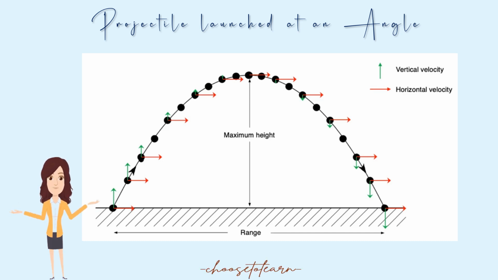When the projectile is traveling downwards, since it is in the same direction of gravity, the vertical velocity changes its direction and it increases its magnitude. As you can see, the arrow for the vertical velocity lengthens. However, for the horizontal velocity, the direction and magnitude remain constant.